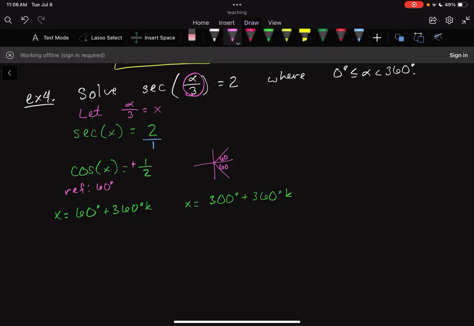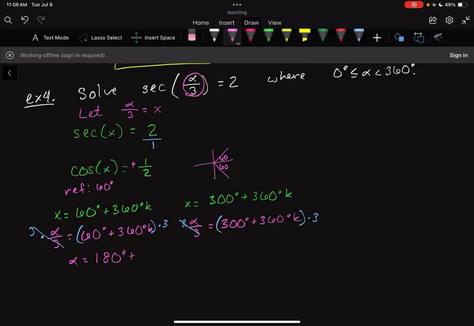I need to replace the x. Solve for alpha. So this is going to give me 60 times 3, which would be 180, plus 360 times 3 is 1080.